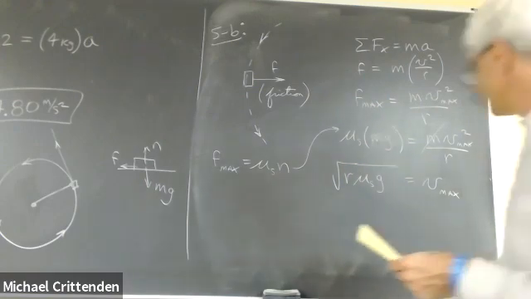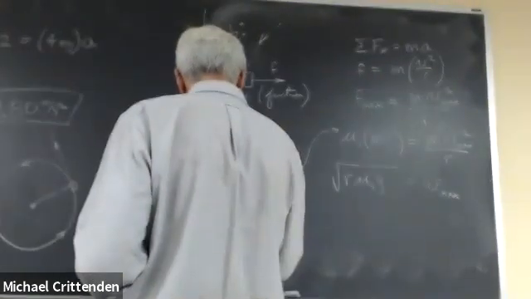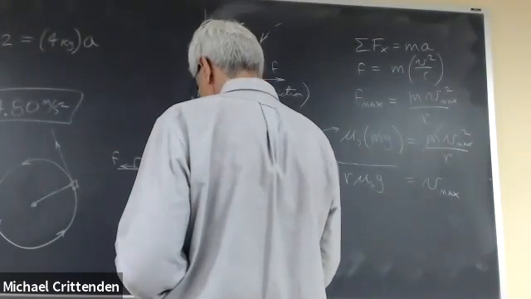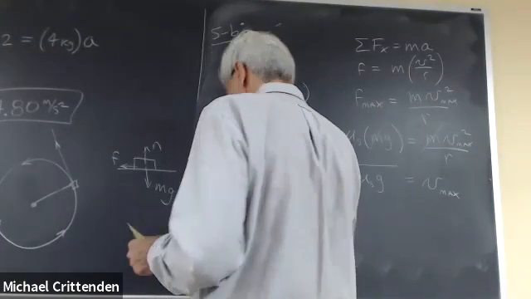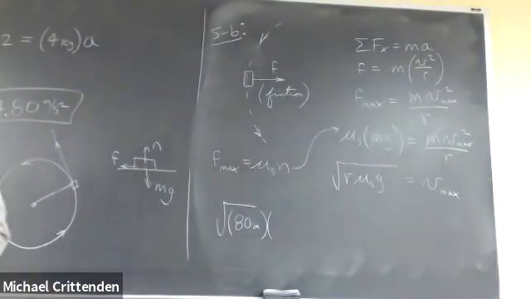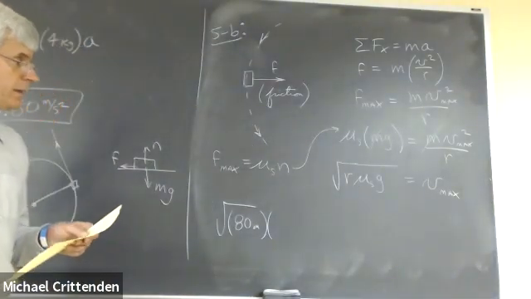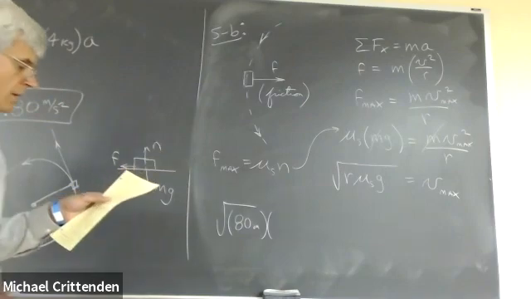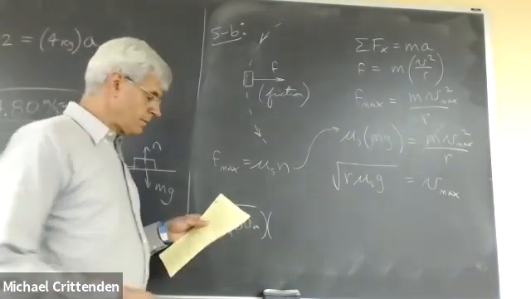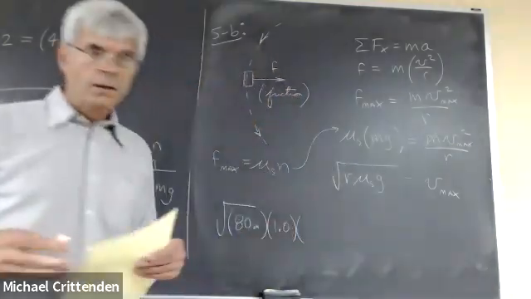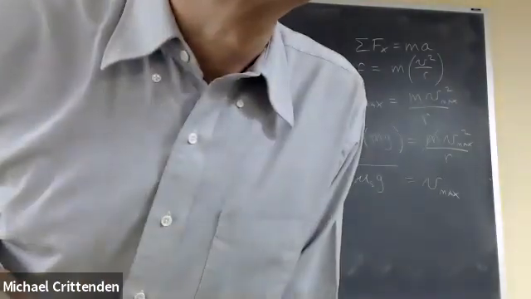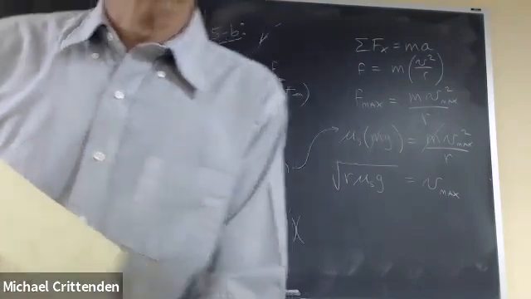Fill in the numbers. Radius of the curve is given in the question, 80 meters. Okay, the next thing is mu. The pavement is dry concrete.